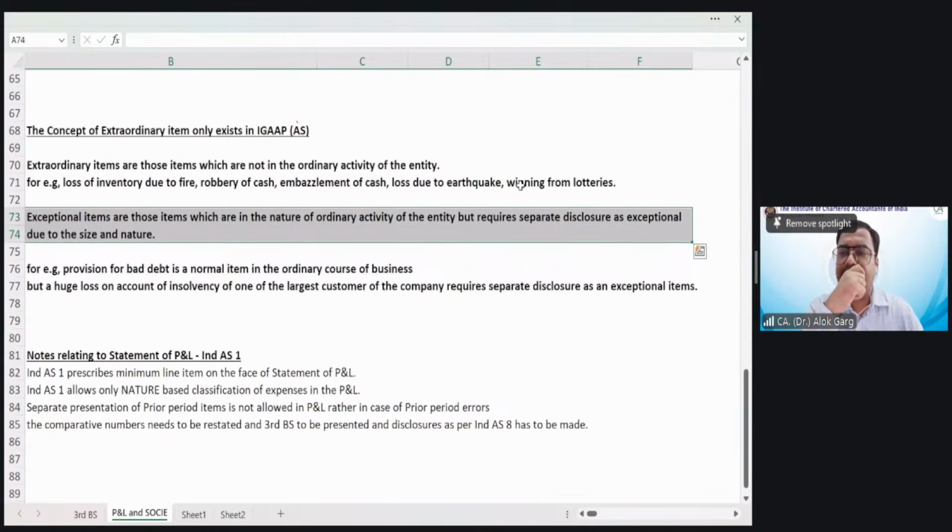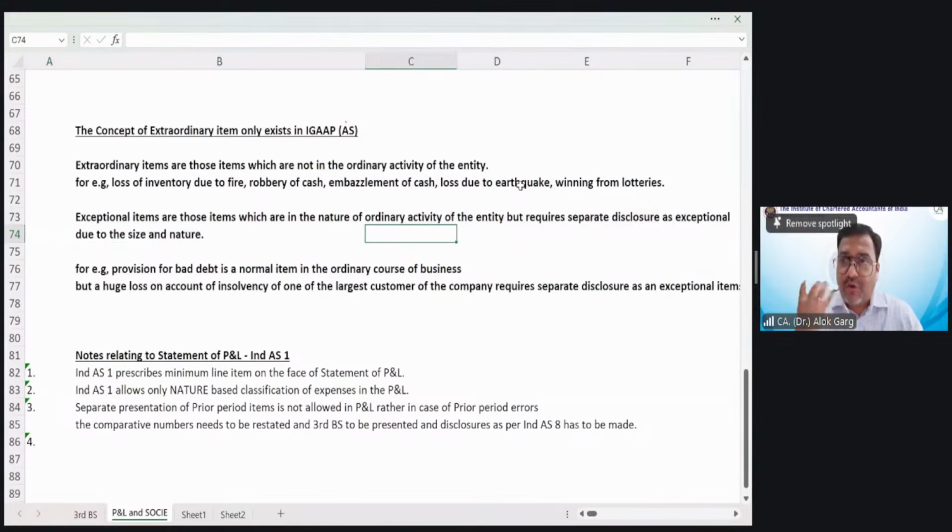Friends, tell me, if the company is selling goods on credit, whether this provision for doubtful debt is an extraordinary item, or it is arising in the ordinary activity of the entity. It is within the ordinary activity.